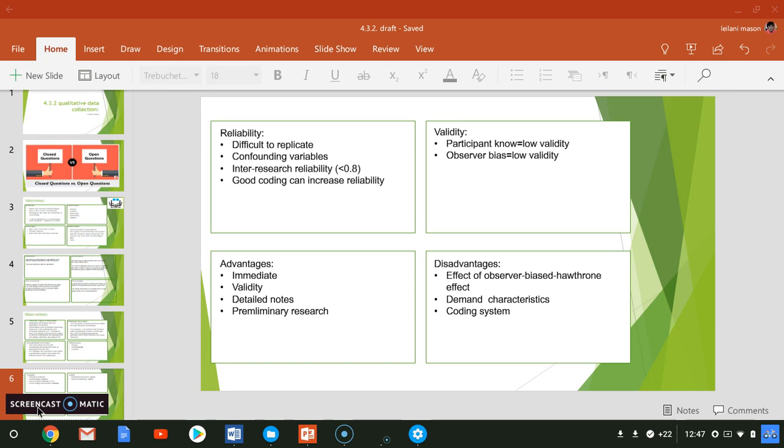Another disadvantage is demand characteristics, so the subjects may try to please the researcher, and the coding system, so the data they get may be limited and influence interpretations, and it may be difficult to fit into categories that the observers put them into to better research their topic.